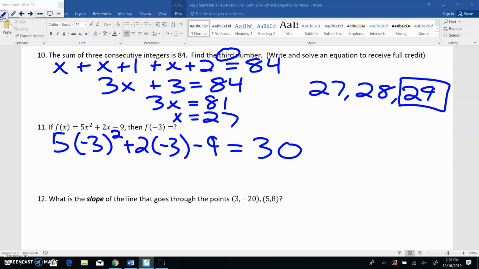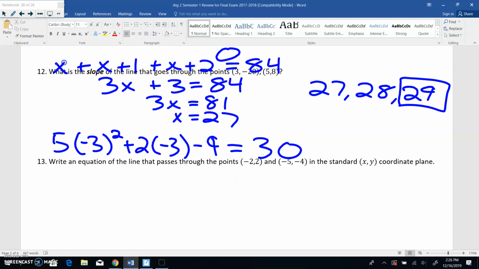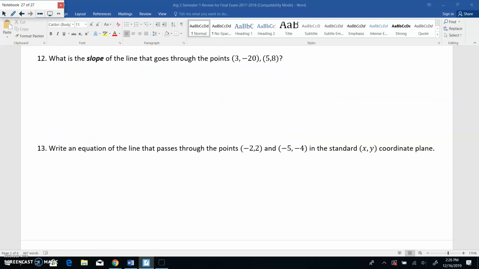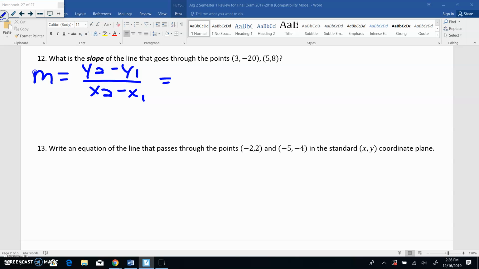Number 12 asks you for slope. Slope is a formula that should be given to you. We just did a whole project with slope. So slope is m equal to y2 minus y1 over x2 minus x1. It looks to me like my y2 is 8, and my y1 is negative 20.